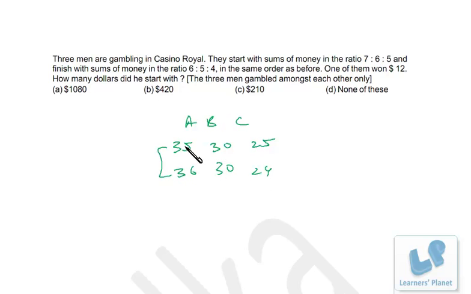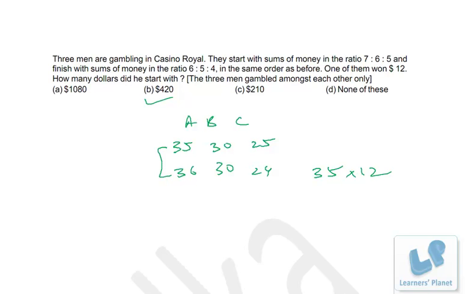Now this person is winning with 1 rupee or $1. Here we are given that the difference is $12. That means this $1 is equivalent to $12. That means 35, how many dollars did he start with? So 35 into 12, that's $420. Very simple.